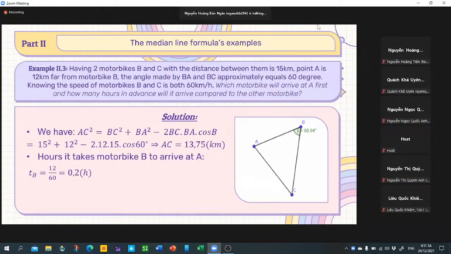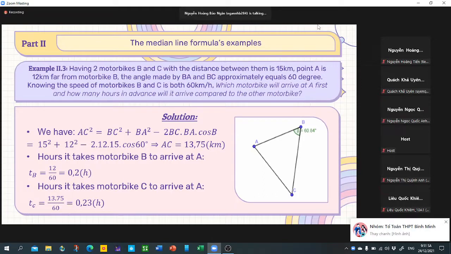Hours it takes motorbike B to arrive at A: TB equal 12 over 60 equal 0.2 hour. Hours it takes motorbike C to arrive at A: TC equal 13.75 over 60 equal 0.23 hour.